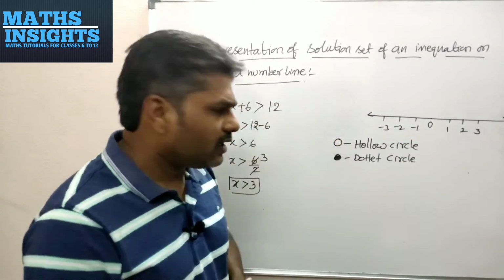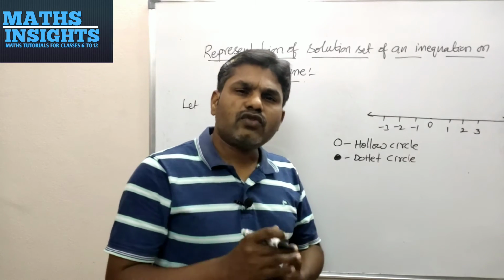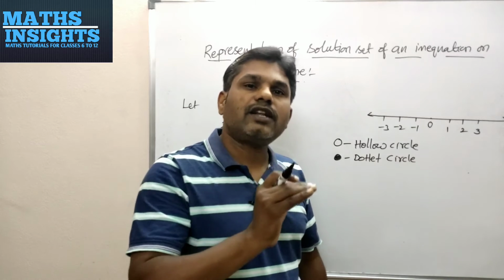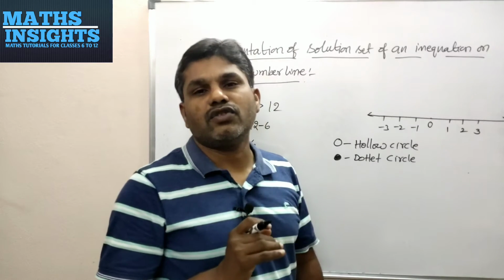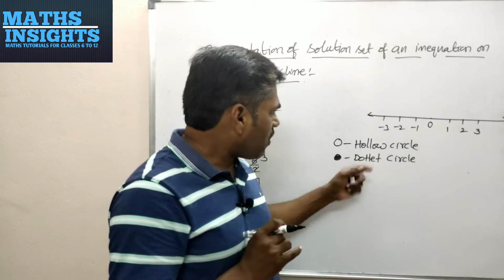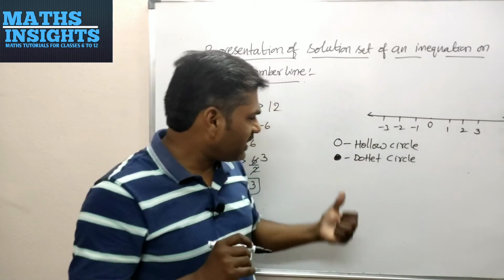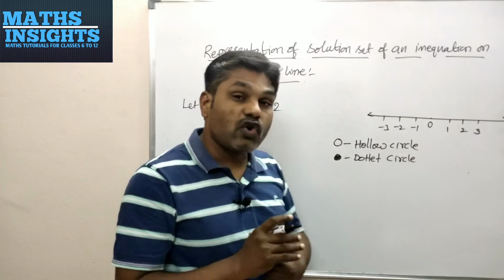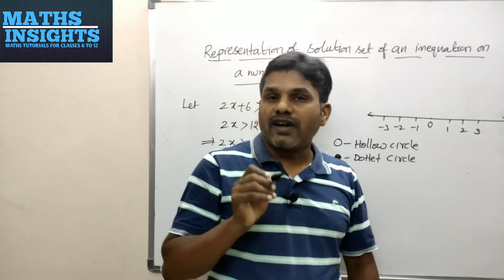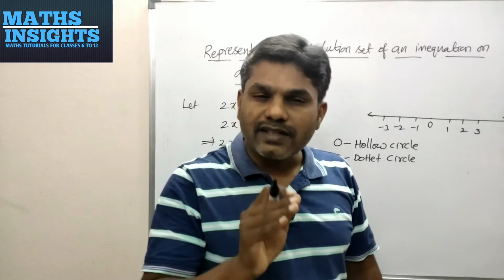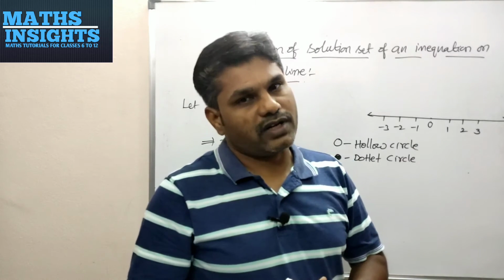The hollow circle represents that you have to go up to that number only, and that number should not be taken into count. If you spot a number on the number line with a dotted circle, you have to understand that the value goes up to that circle, including the dotted circle.